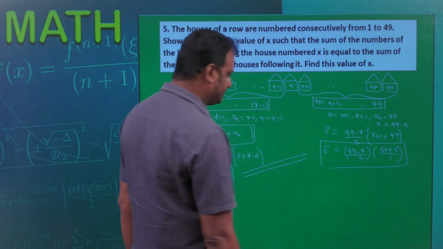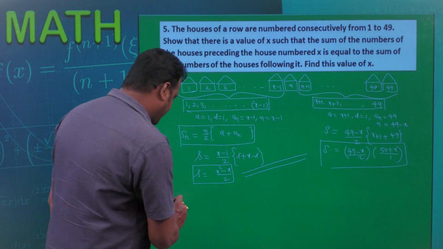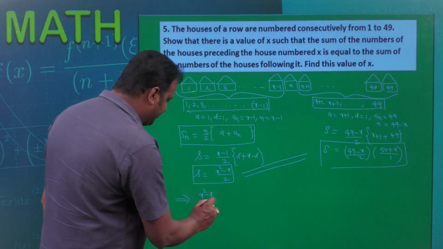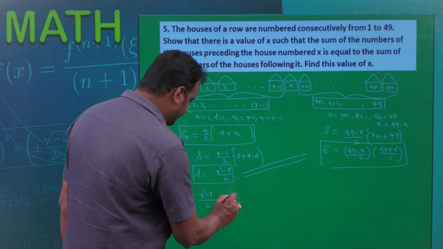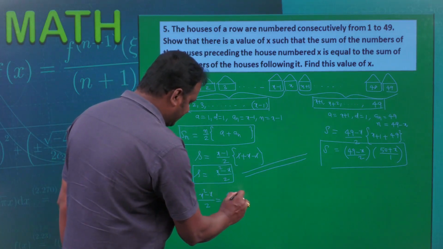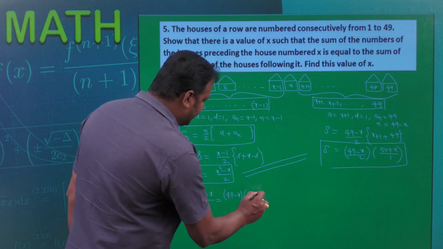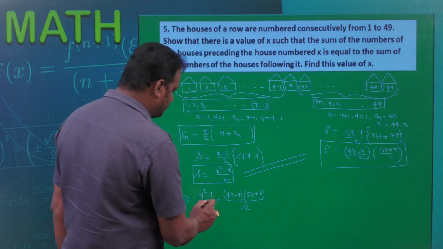These two are equal. So when you equate both of them, then we get x square minus x divided by 2 is equal to 49 minus x into 50 plus x divided by 2. Okay, so can we cancel this 2 and 2?